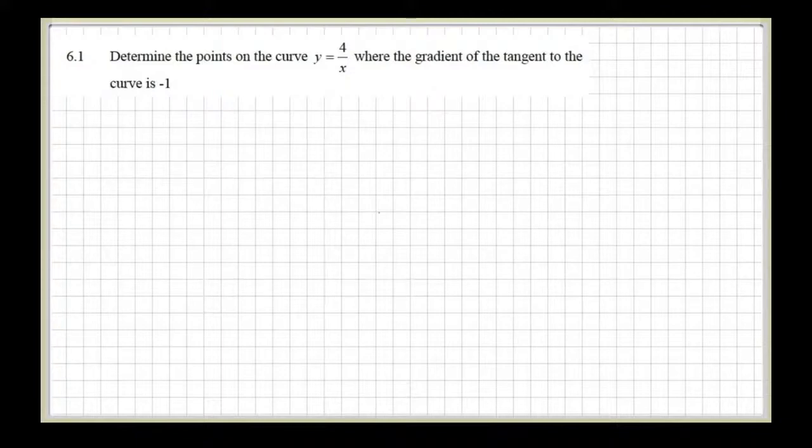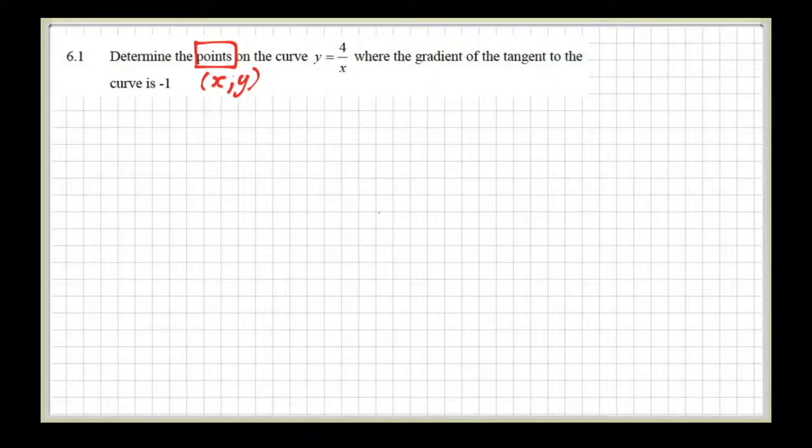I want to get to what they are actually asking me. They're asking me for points or coordinates. In other words, I know that I'm going to have to answer with an x comma y, or maybe more than one, at the end.